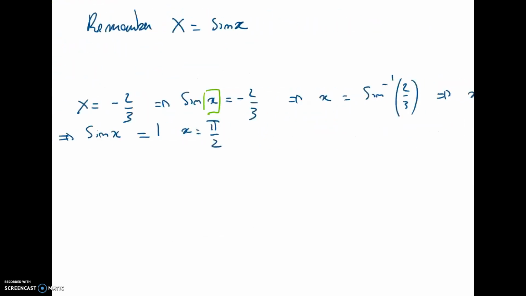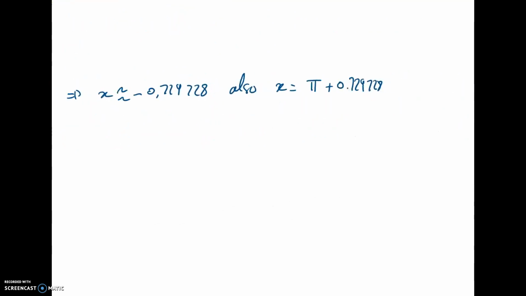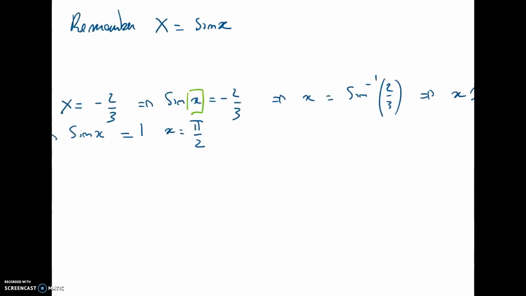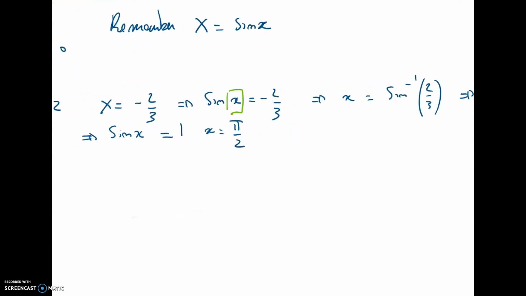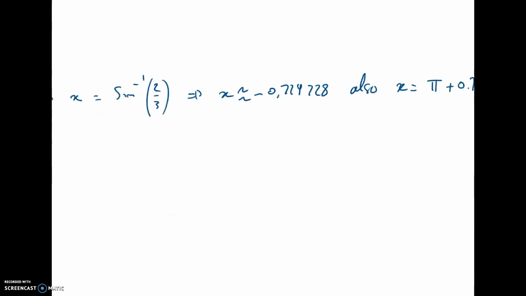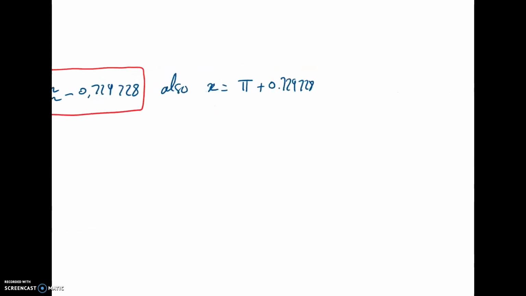And so we end up with three solutions. The first solution is going to be this one. The second solution is going to be pi plus 0.729728, and it's going to be around 3.871721, if I'm correct.